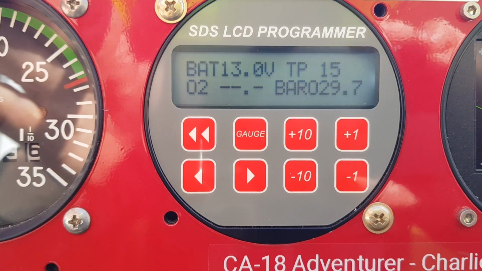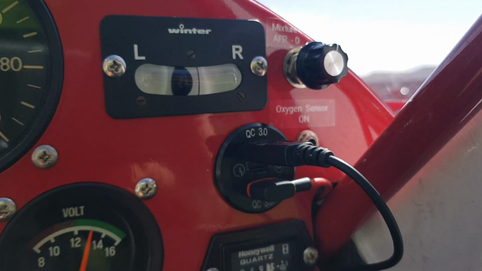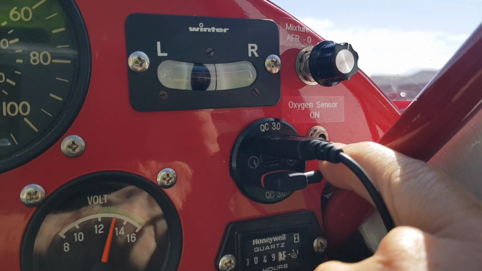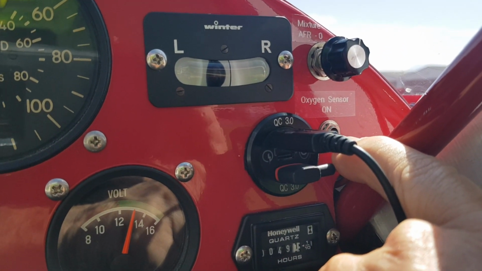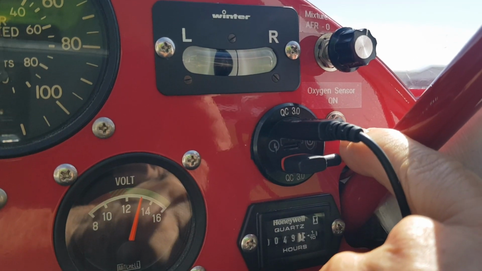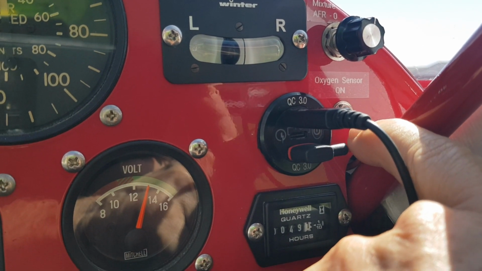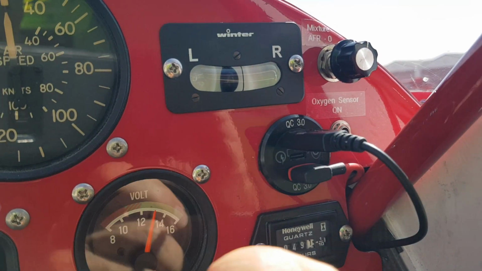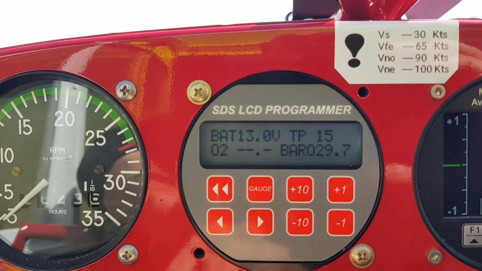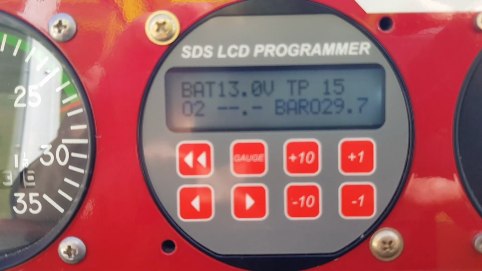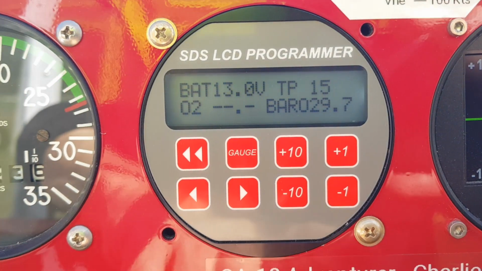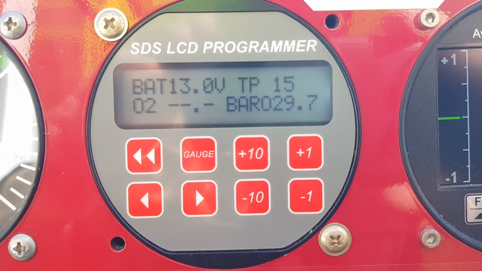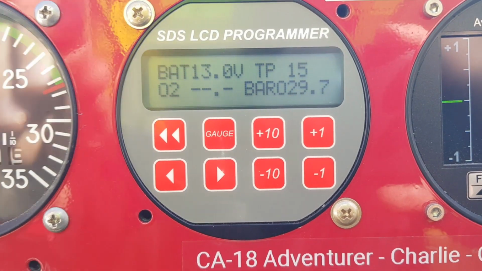That will not read unless you have turned on the oxygen sensor switch here, which I've got turned off at the moment because the engine isn't running. Whenever the engine's not running, just turn this in the off state. It will save the sensor's life, because it's not going to be running the preheater and trying to burn it out all the time. The other useful information on this dial is the barometric pressure of the day, which at this stage is 29.7.